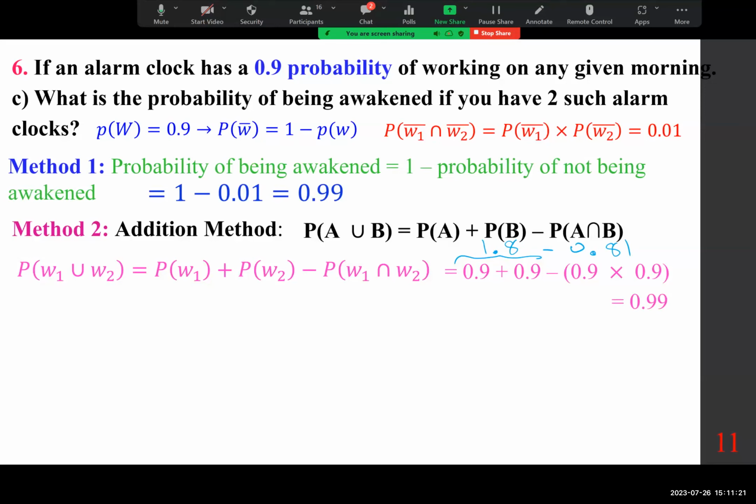And we get the same answer as here, 0.99 or 99%. Here's the third method.